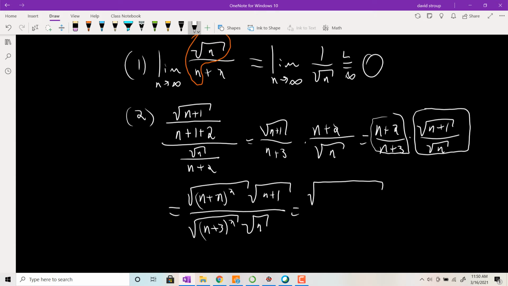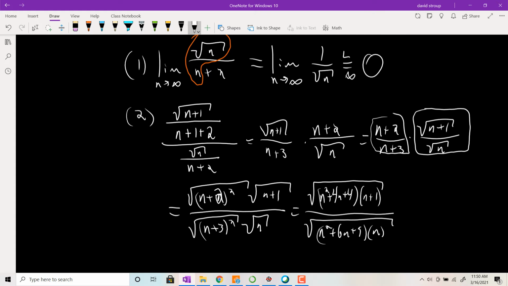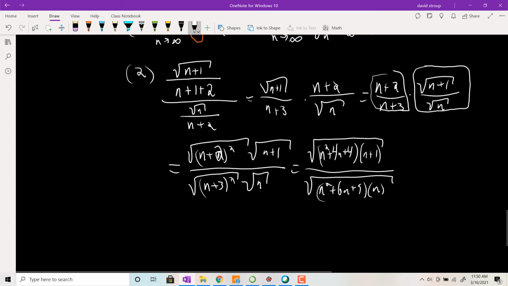So we have n plus 2, this part squared, is going to be n squared plus 4n plus 4. And then the product rule for radicals, the product of radicals is equal to the radical of the product. So then times n plus 1 all over the bottom, which is going to be n squared plus 6n plus 9 times n. And I had to pause the video even to think this through.